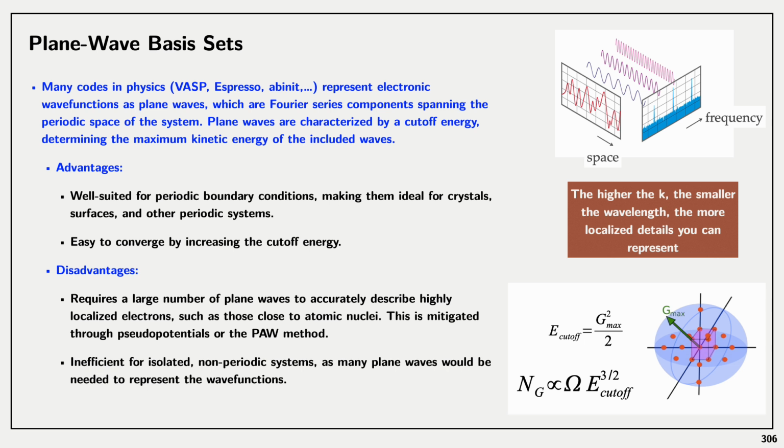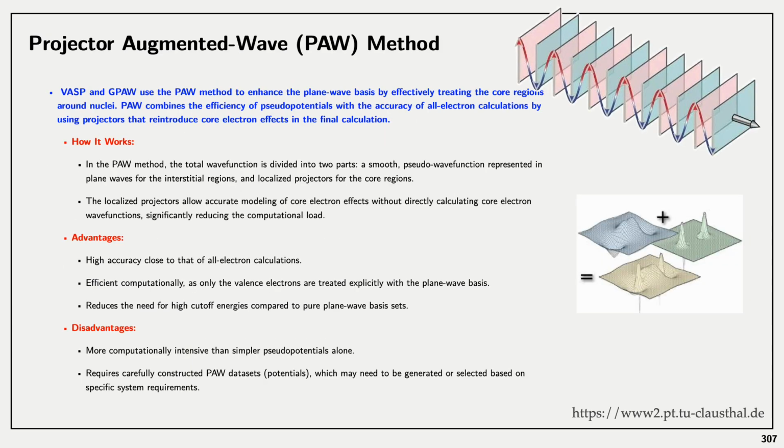Methods like VASP, a code that's known to be very efficient, as well as GPAW that we use for the hands-on part of this course, in addition to using plane waves, also use the PAW, which is where GPAW comes from, a projector augmented wave approach. Without going into details, there were very interesting theorems and papers, like from Blöchl and others, that allow us to go back to this idea of pseudo-potential and how you treat the core electrons, the ones that are closer to the nuclei.